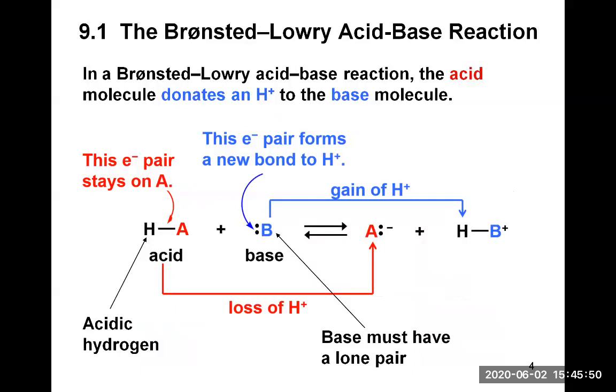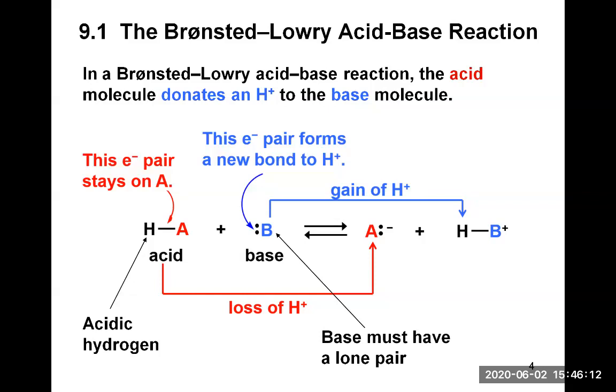So the Bronsted-Lowry acid-base reaction. If we combine the fact that the acid is a proton donor and the base is a proton acceptor, then a Bronsted-Lowry acid-base reaction is when the acid molecule donates a proton, an H+, to the base molecule.